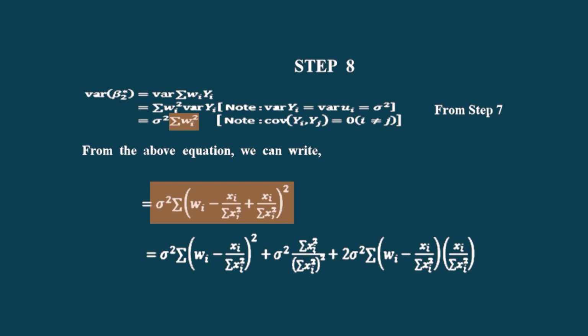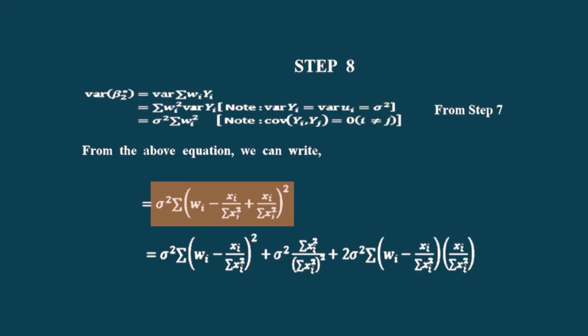These two terms are identical, but for the purpose of the derivation we have written minus xi by summation xi square plus xi by summation xi square, so that if we cancel them out, it eventually boils down to only summation of wi square. But why is it done? It is done to take care of the cross terms, and to arrive at an expression of the variance of beta 2 hat.